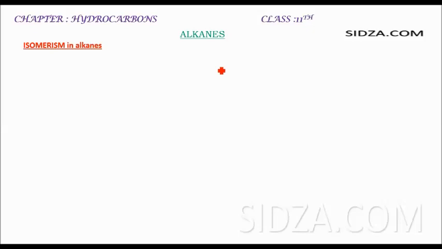Okay, so alkanes: we know that the general formula of alkanes is CnH2n+2, and these are saturated hydrocarbons. Now regarding isomerism, there are two types of isomers in alkanes.